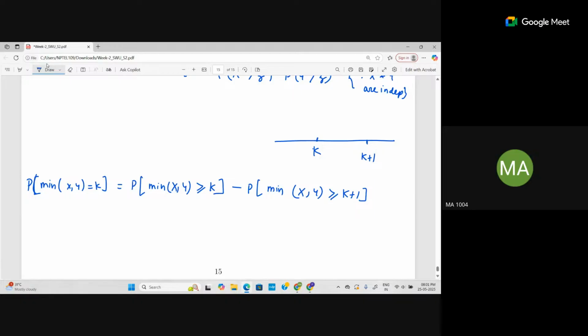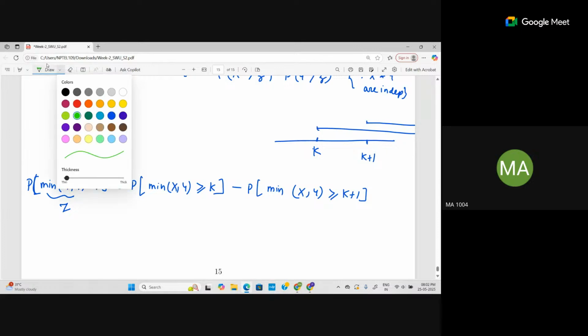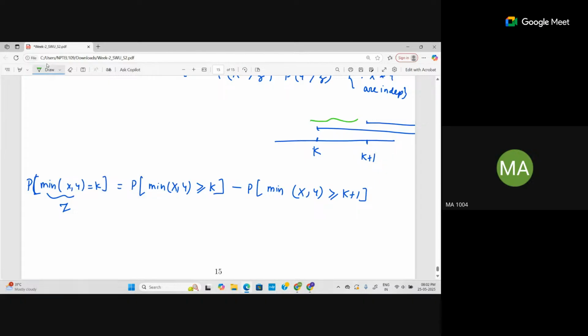Suppose this is nothing but one variable z. So z is greater than or equal to k, minus z greater than or equal to k plus 1, which means in the first case we are adding all the probabilities from k upward, and in the second case all the probabilities from k plus 1 upward. So when you subtract, you will be left with this part only, and you can see it is a discrete case.